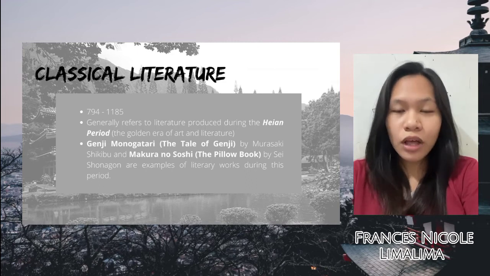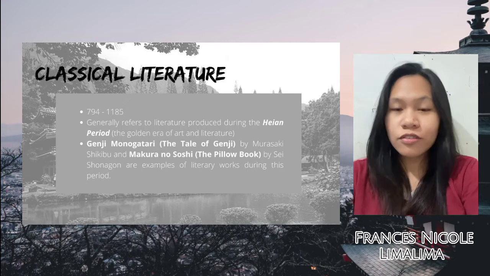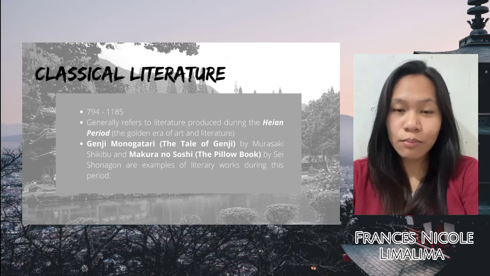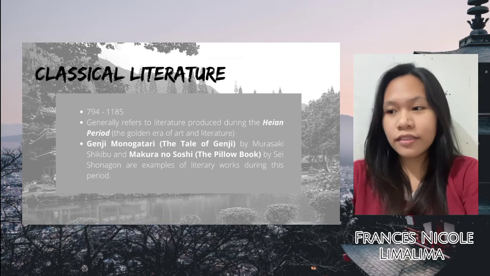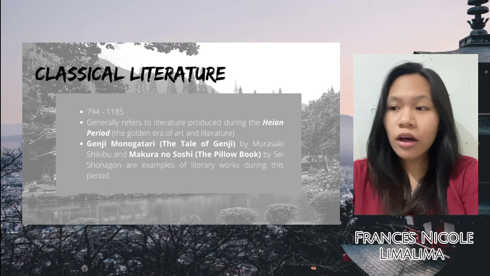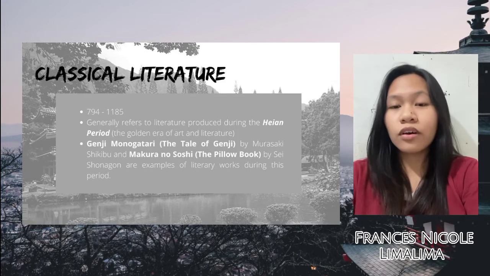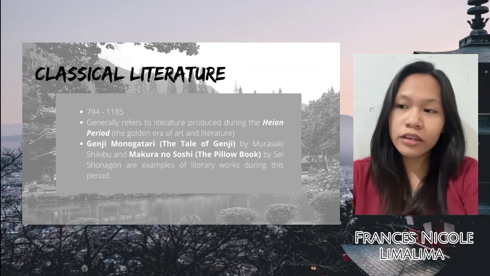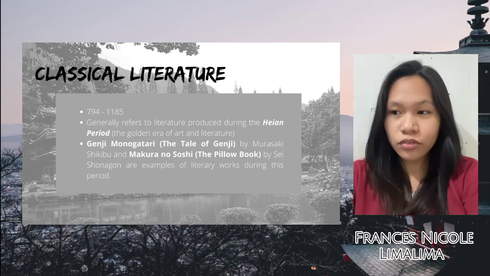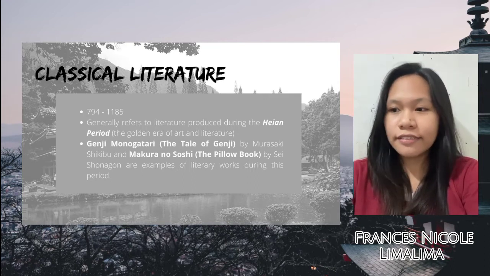An example of the greatest masterpiece of fiction from this time period is The Tale of Genji, written by Murasaki Shikibu in the early 11th century. Other important works of this period include the Kokin Wakashu in 905, a waka anthology, and the Pillow Book in the 990s.